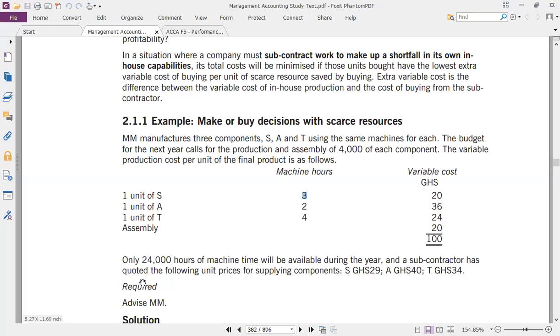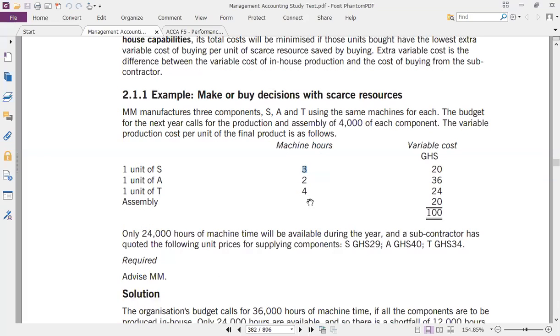So the limiting factor is machine hours, limited to 24,000 in a year. You can also confirm that by multiplying 3 by 3 by 4, which is 9, and 9 by 4,000 gives 36,000. So we need 36,000 machine hours, but what we have here is 24,000. So the machine hour is a limiting factor or a bottleneck resource.